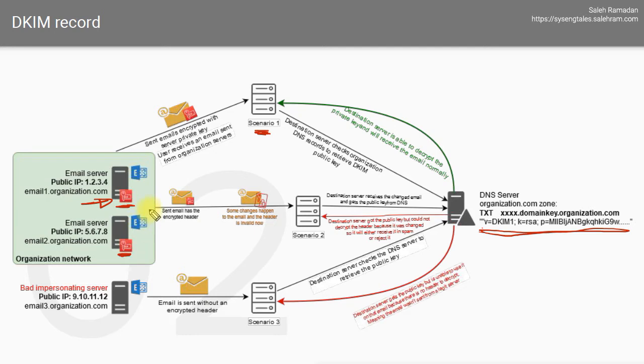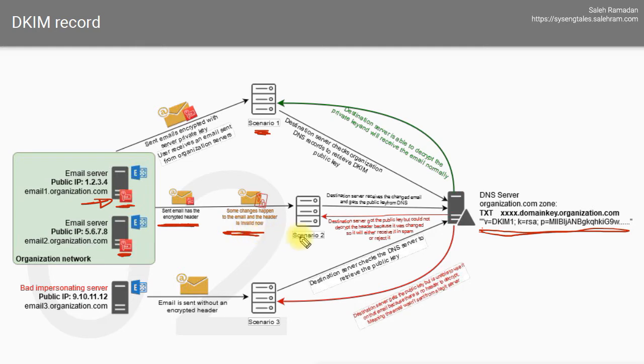This way you ensure that the email sent from your email server is delivered without any changes in the middle. If any changes happen to the email while in transit, the encrypted header will be invalidated.